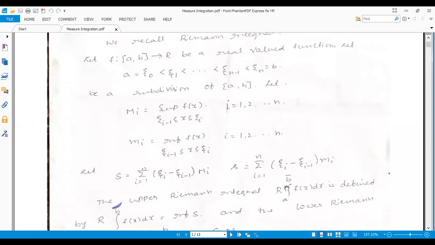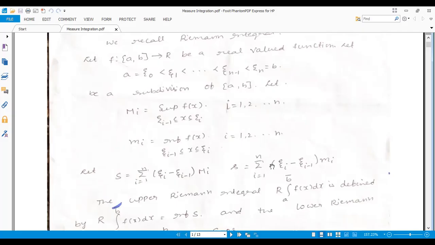Another representation we use is capital S equal to the summation, i running from 1 to n, of Mi times Δxi. Some textbooks write Δxi, which is the same as xi minus x(i-1).